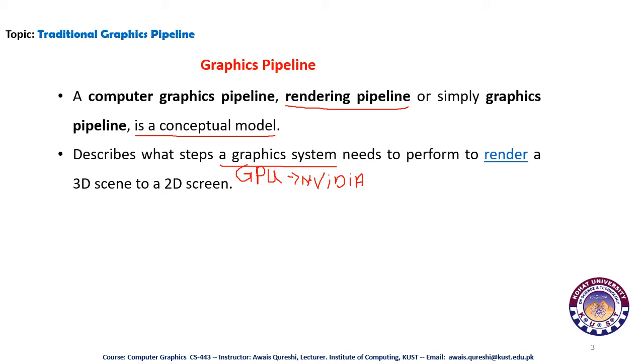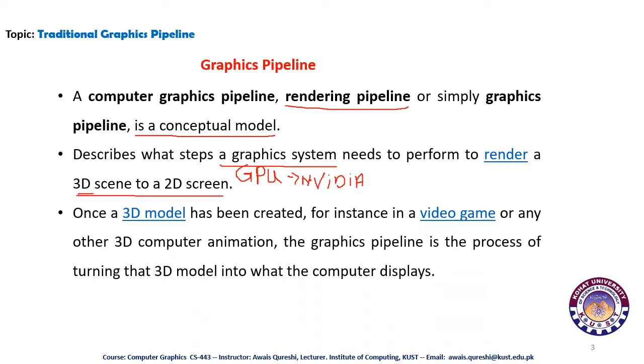It describes what steps a graphics system needs to perform to render a 3D scene to a 2D screen. So it is the task of the GPU or graphics card to perform some steps in sequence to render a three-dimensional scene to a two-dimensional screen. This is the responsibility of the graphics system.